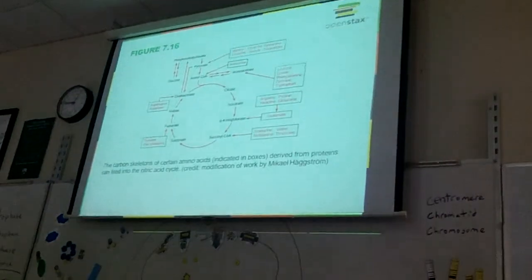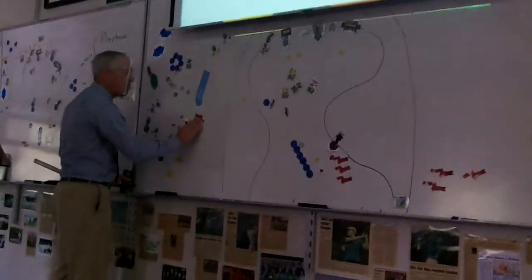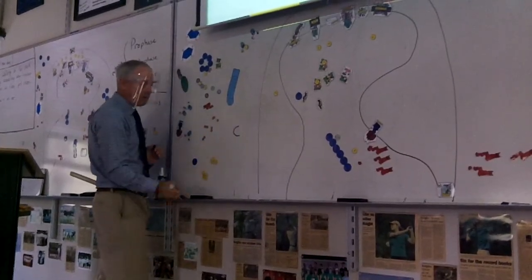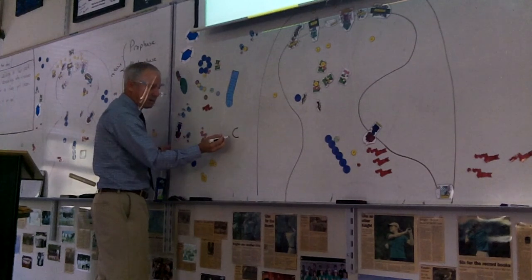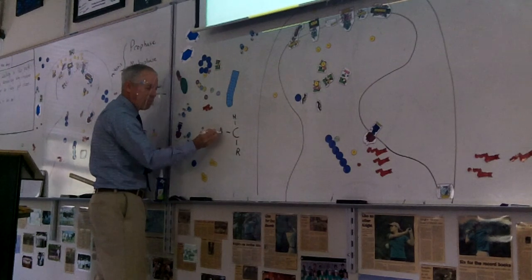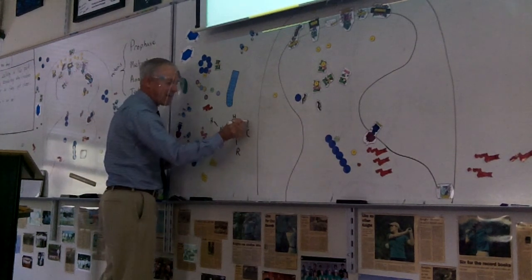Now, you don't have to memorize all of these things, but basically what happens, do you remember the structure of an amino acid? There's a carbon in the middle. What else is there on an amino acid? There's an R group. There's an amino group. There's a carboxyl group, an acid group.